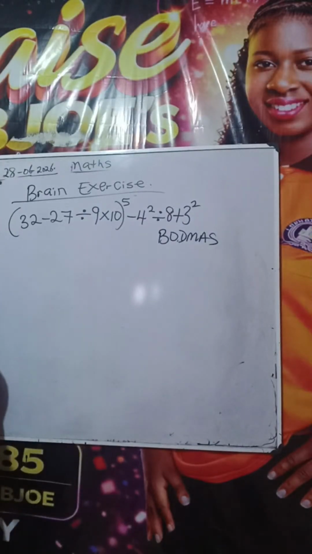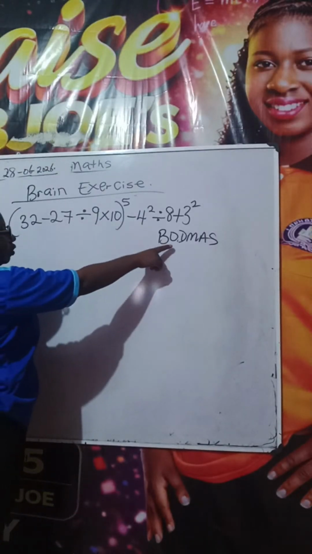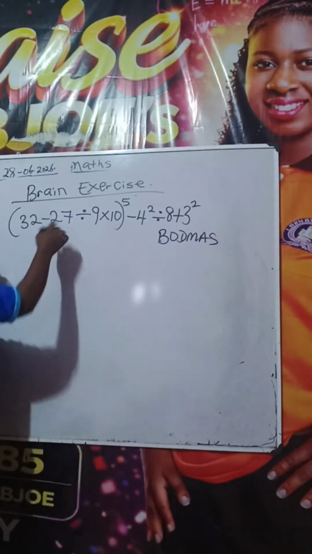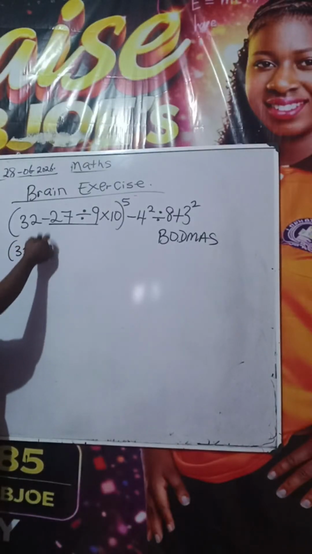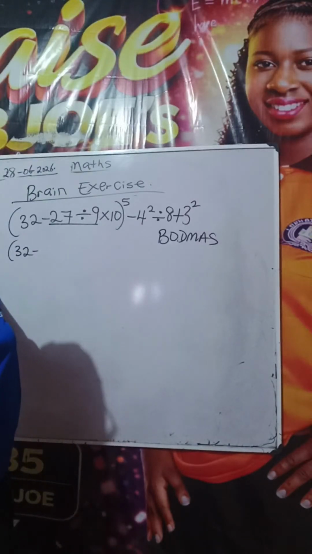Now looking at the bracket, which one are we going to do first? We have minus, divide, times, but division comes first among all of them. So we divide. 27 divided by 9, what do we have?